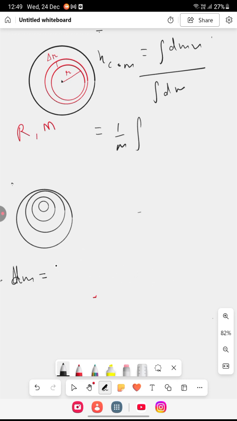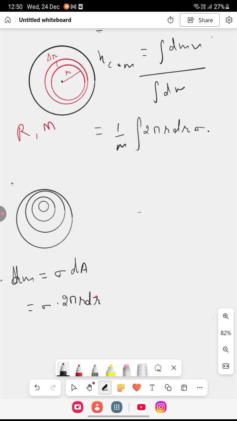So dm is sigma dA, where dA is the area of this ring, which is 2 pi r dr.